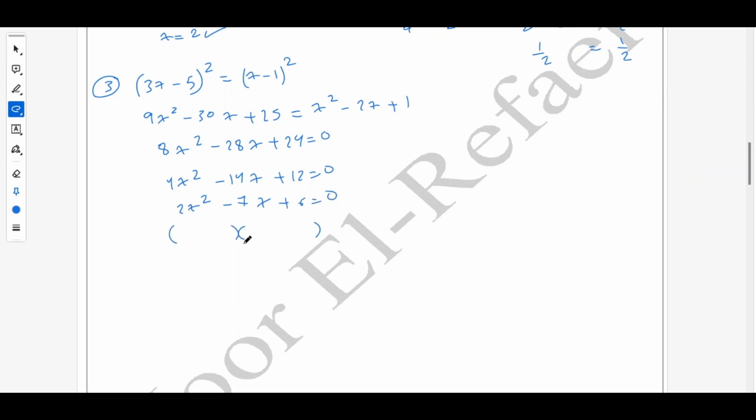Factorize: (2x minus 3)(x minus 2), so x equals 2, x equals 3 over 2.